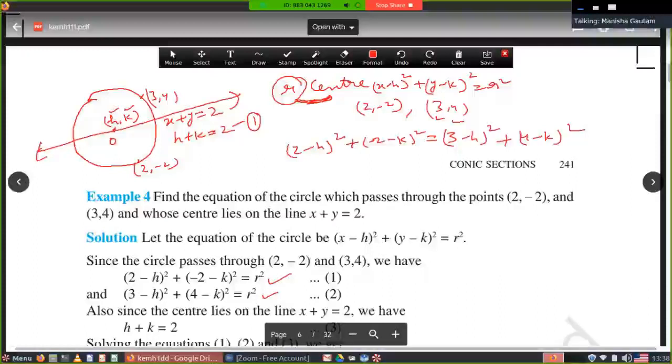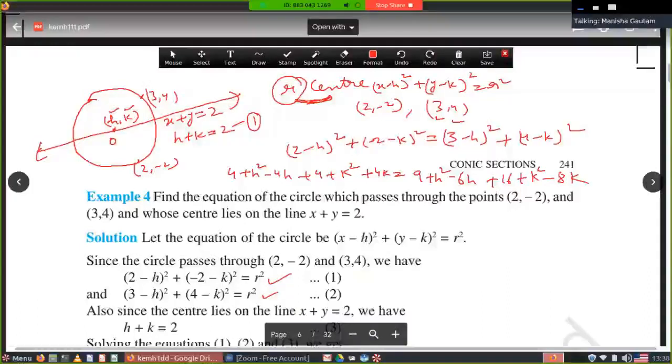Open the brackets: 4 plus h square minus 4h, and when you take the minus sign common from the square, you will get positive, so 4 plus k square plus 4k is equal to 9 plus h square minus 6h plus 16 plus k square minus 8k.